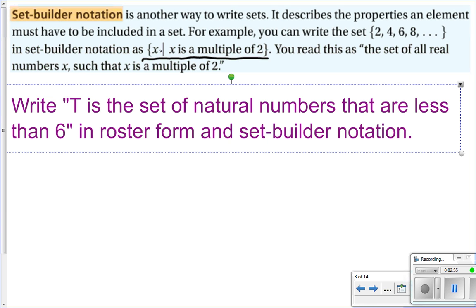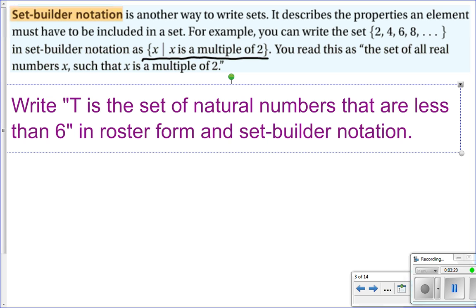In set builder notation, it's giving the directions or the properties that allow an element to belong to a set. So this one doesn't list all the elements, but it tells what qualities the numbers must have to belong to this set. And for this one, it's x must be a multiple of 2. So the set of all real numbers x such that x is a multiple of 2.